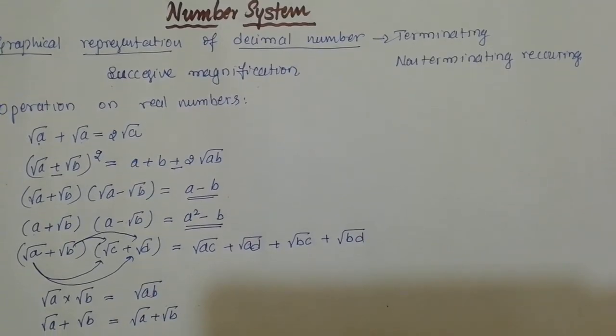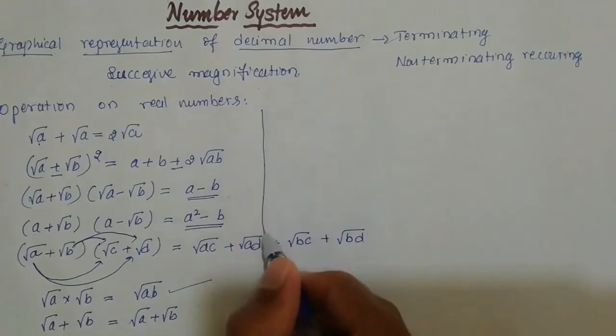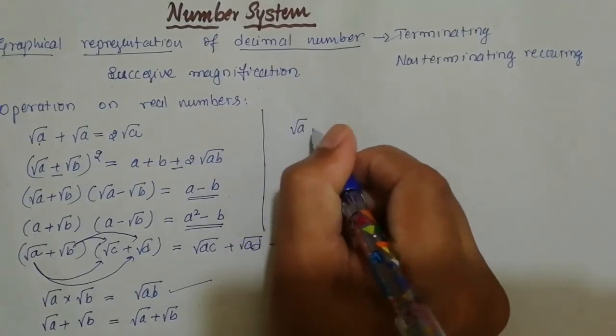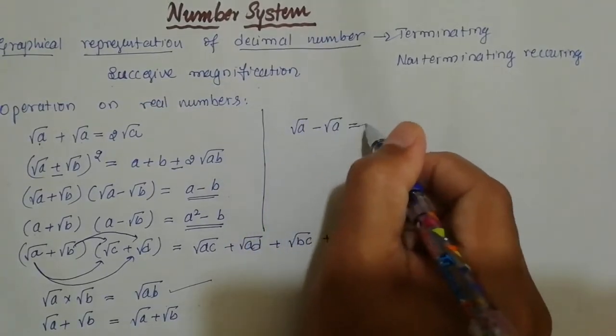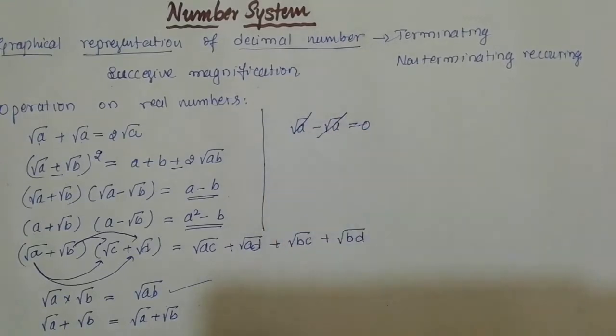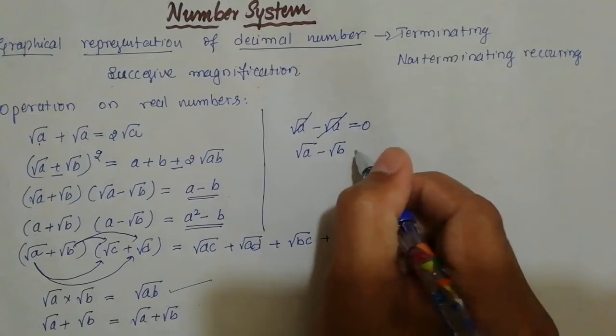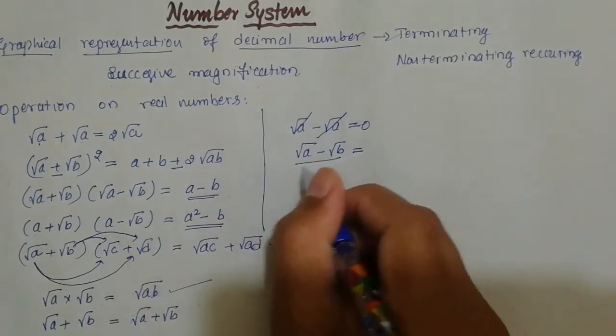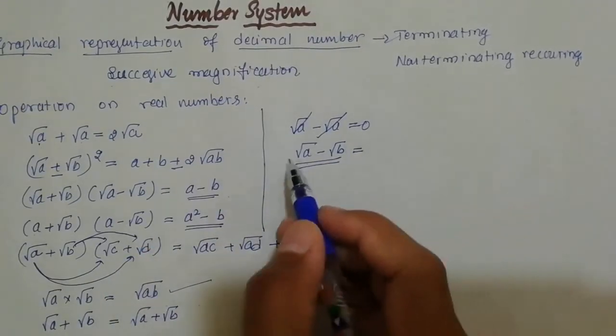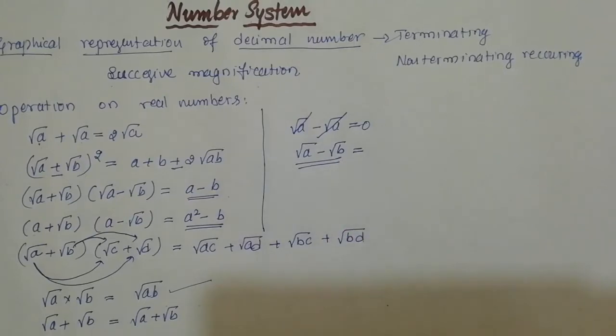Multiplication is valid even if the numbers within the root are different. In the same sense, root a minus root a becomes 0 because they get cancelled. But root a minus root b we can't simplify further. You need to write it as it is, because the number within the root should be the same.